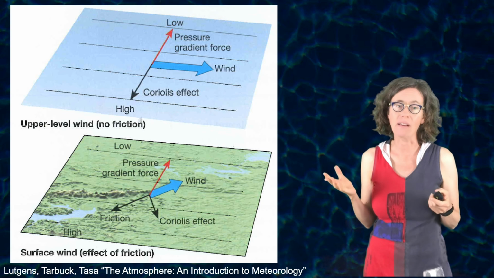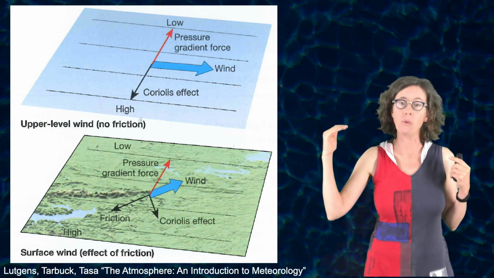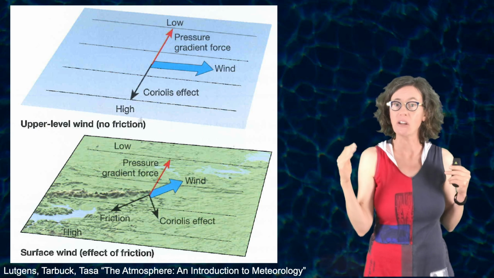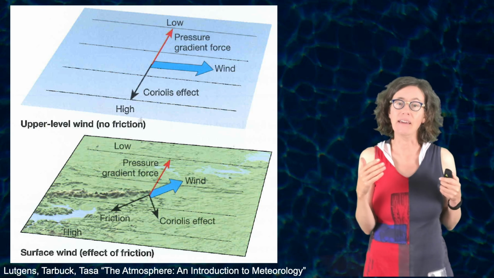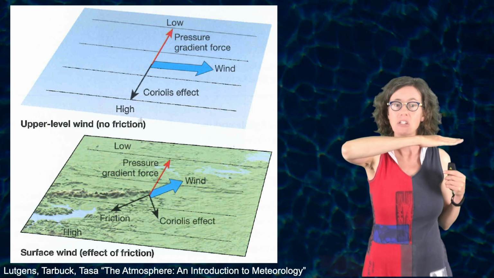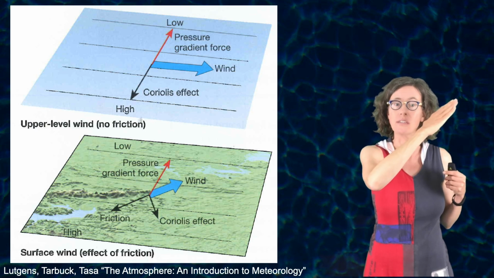The way to think about it is that we saw that in the upper atmosphere, the wind would flow parallel to those lines of constant pressure. So I always figure out first, which direction is that going to be? And then, in the case of the surface winds, if we add the effective friction, it essentially just tilts the wind direction a little bit towards the low pressure here.